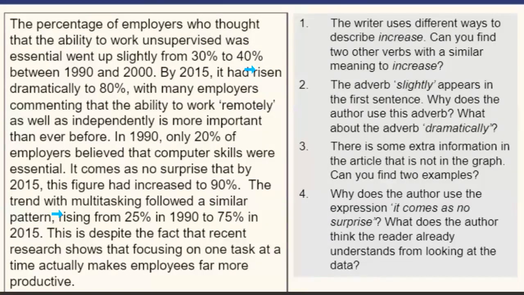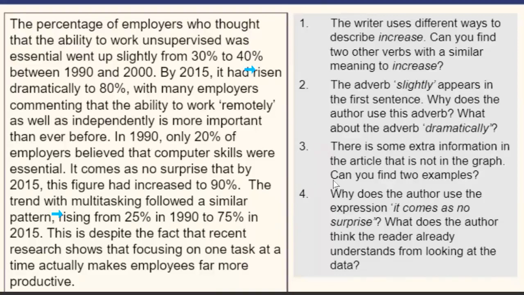Okay. The second question says the adverb slightly appears in the first sentence. Why does the author use this adverb? What about the adverb dramatically? So the writer used slightly.